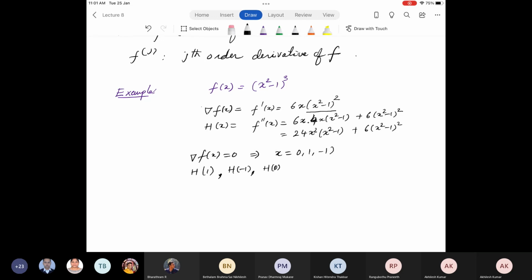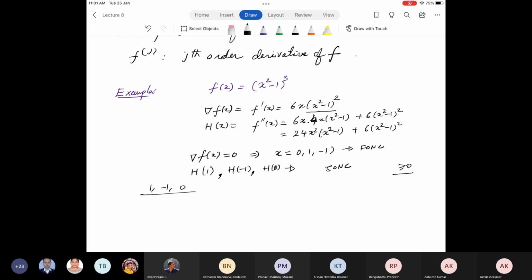Which one of these are satisfying? So I need everything greater than or equal to 0. 1, minus 1, all of them are satisfied. Yes, sir. So from the necessary condition, I have got candidate points as 1, minus 1 and 0.